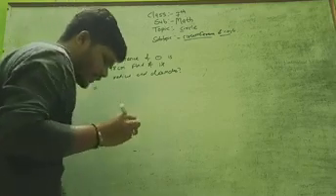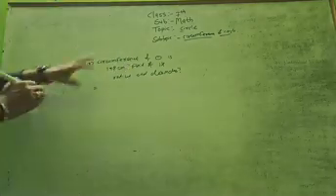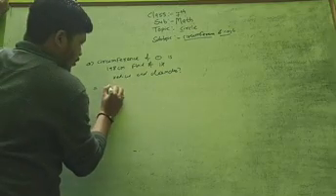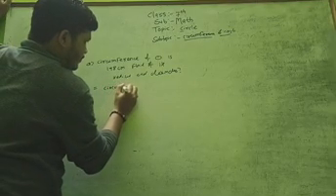Find out its radius and its diameter. Now the circumference of the circle is 198 centimeter. We know the formula for the circumference of the circle.